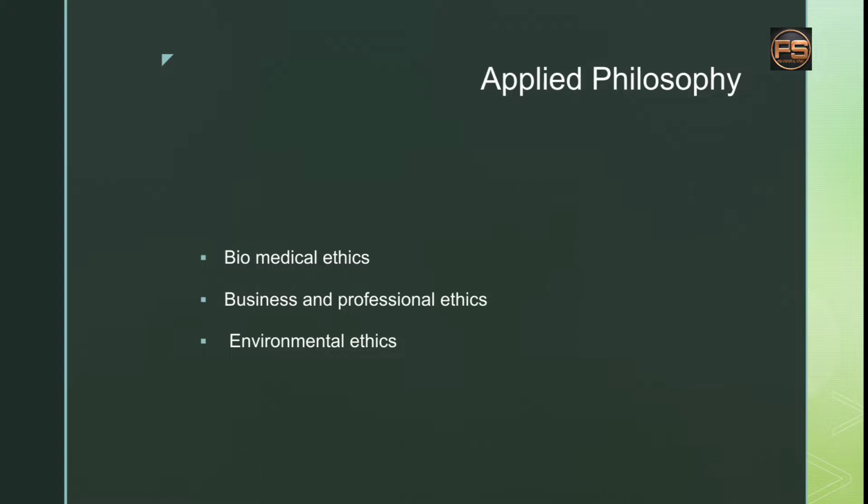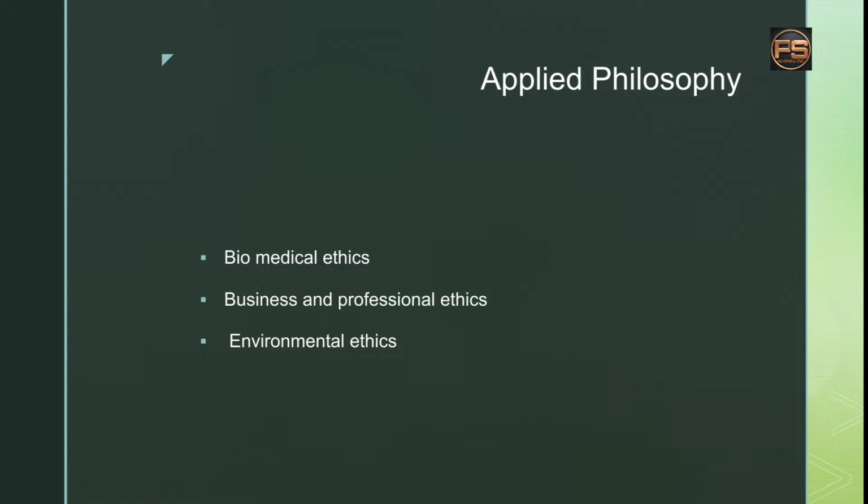Applied philosophy deals with the implication of philosophical analysis on practical life. It shows its relevance in technology and other spheres of our day-to-day life.